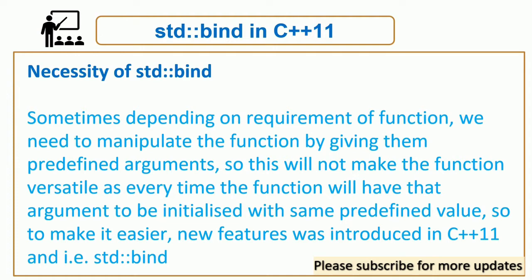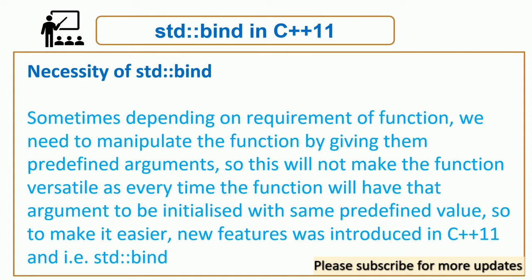So when the user calls that function, the user will pass only two arguments because one of the arguments is predefined. The user will not touch that. The other argument will be initialized with that predefined value. So every time you call that function, that argument will be initialized with the predefined value.